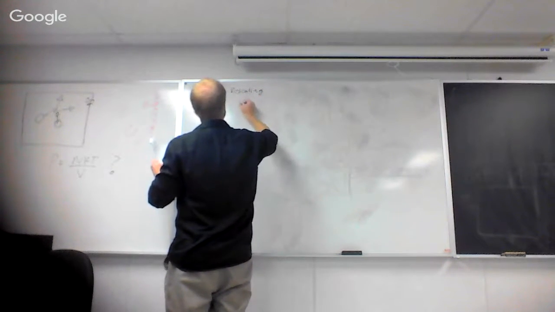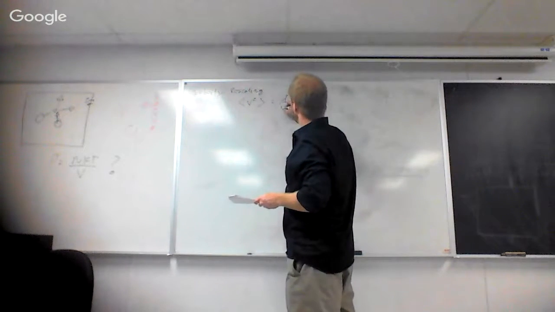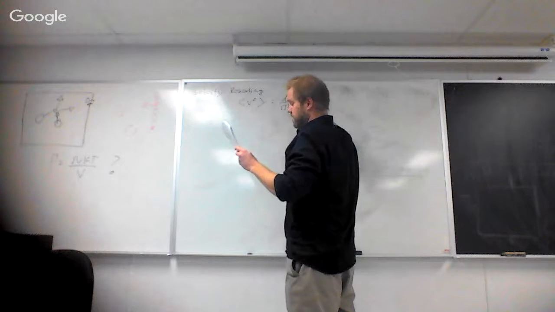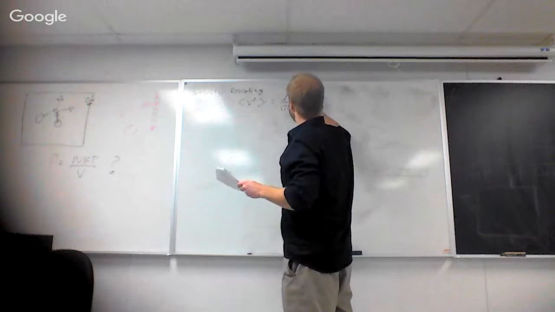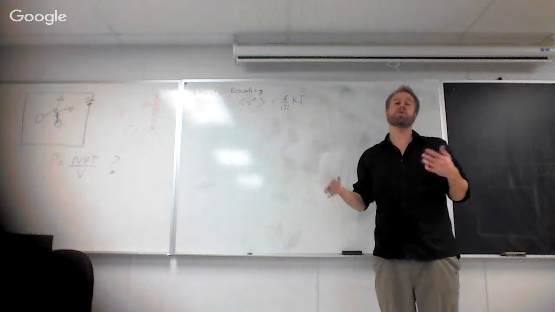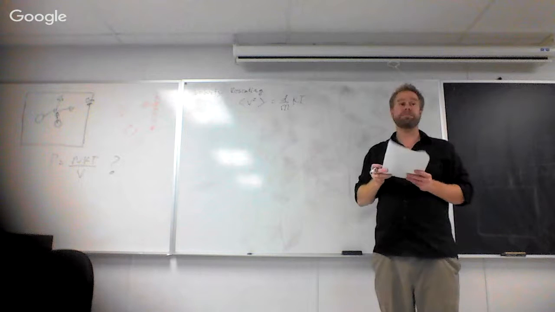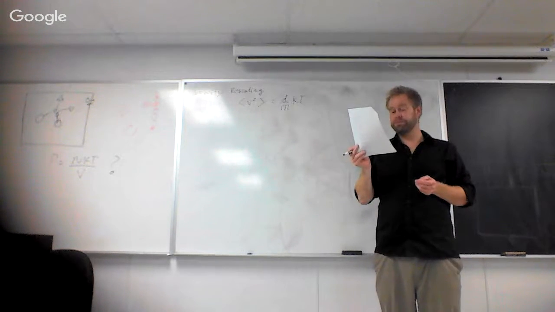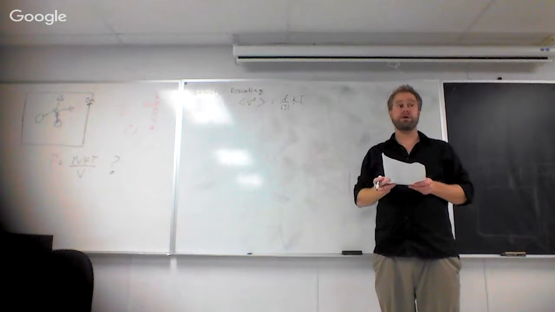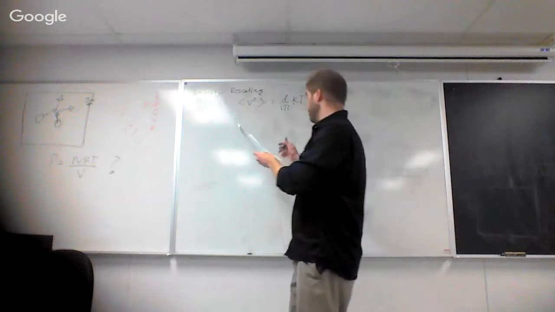Okay, and the idea is that, we will talk about this next class, equipartition. The average v squared you can derive to be d kT over m, where d is your dimensionality, i.e. 1D, 2D, 3D. And so if you want to keep this at a fixed velocity, what can you do?